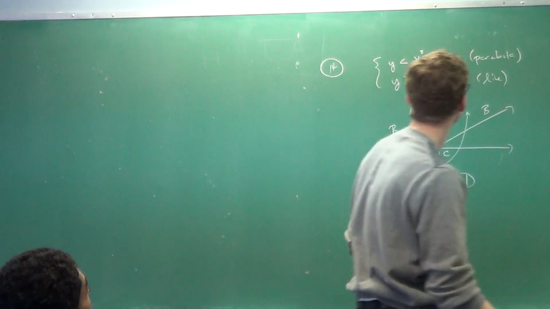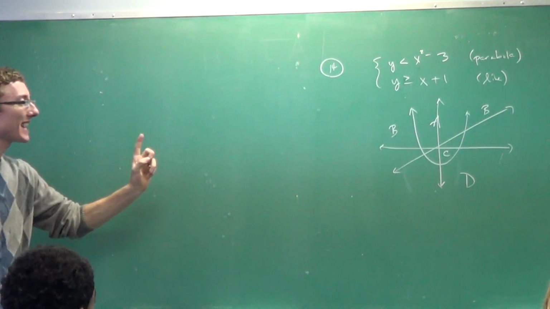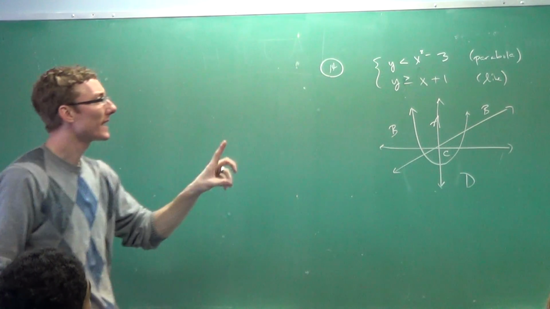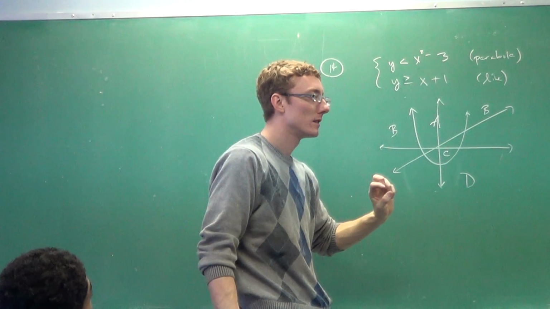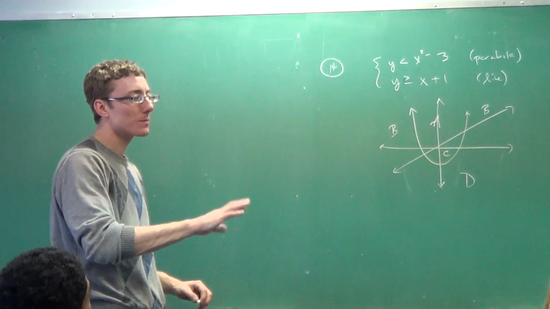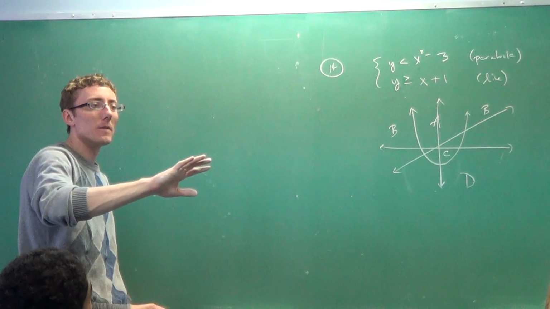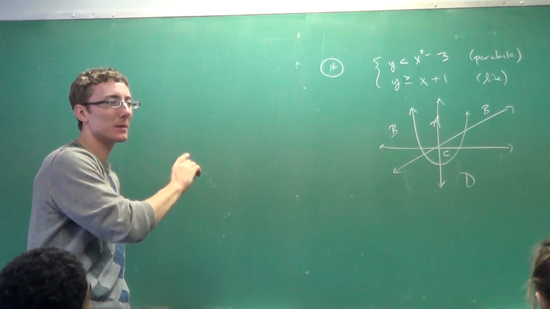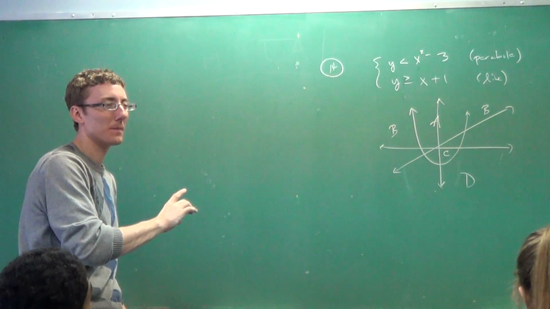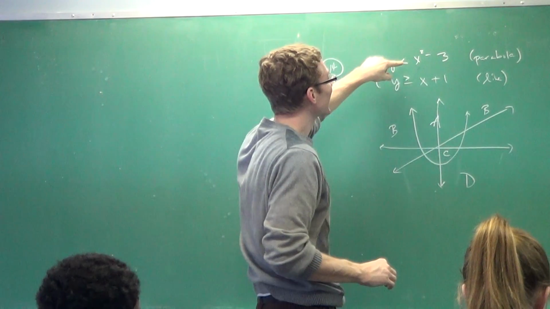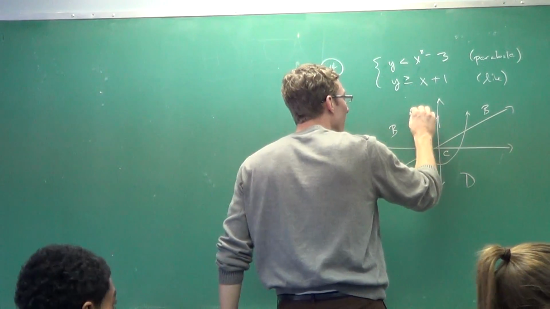Now, y is less than x squared minus 3. So when the y's are less than, that means they're below. If anybody has been having trouble with these problems, this is a new technique you may find helpful. If y is less than the parabola, we're under the parabola.